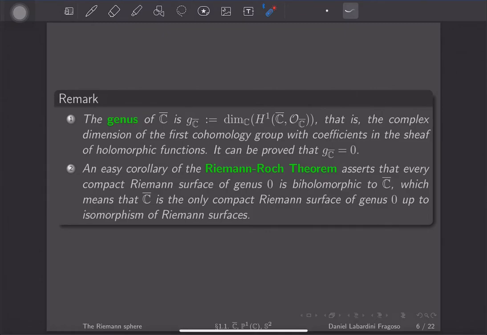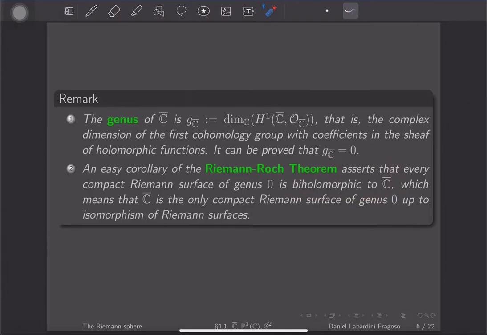And a consequence of one of the very famous theorems in the theory of Riemann surfaces, the Riemann-Roch theorem, is that whenever one has a compact Riemann surface of genus 0, right? So C bar is a compact Riemann surface, and one can prove that it has genus 0. Well, it turns out that whenever one has a compact Riemann surface of genus 0, it is automatically biholomorphic to C bar.